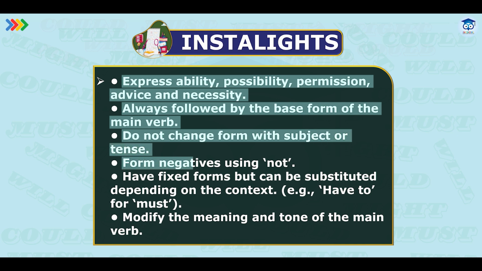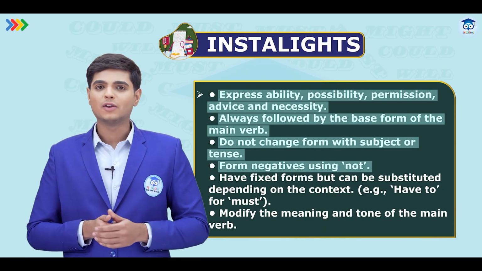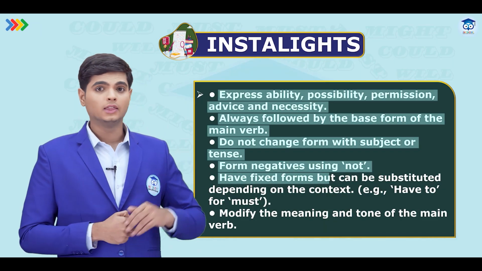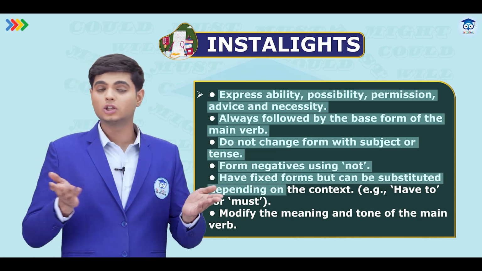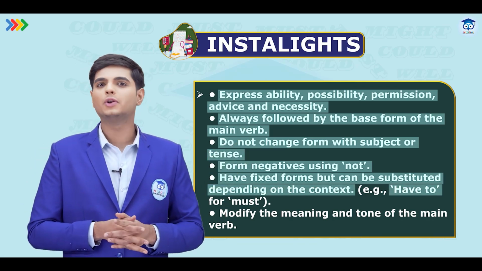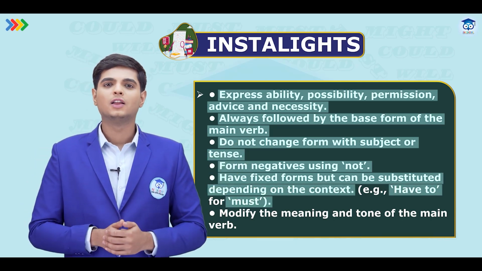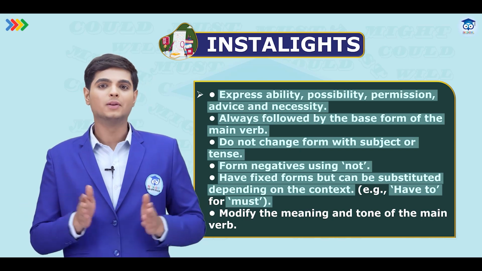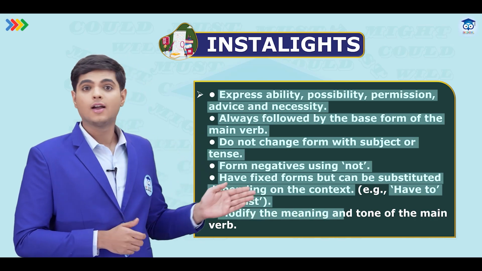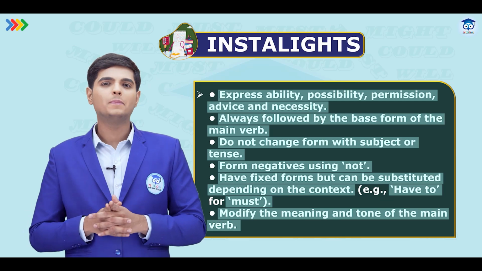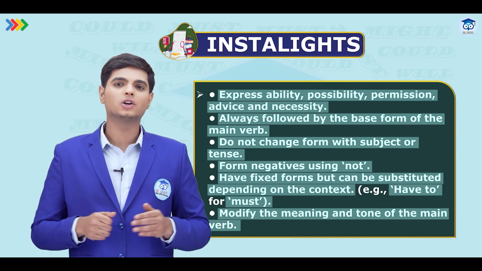For negatives, we simply add not without do or does, like cannot, shouldn't or must not. We also discovered that while modals have fixed forms, they can be substituted depending on the context. Have to can replace must, for example. And through all this, we understood that modals modify the meaning and tone of the main verb, helping us sound clearer, more polite, or firmer.